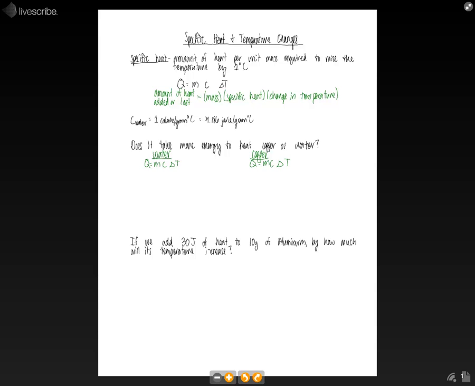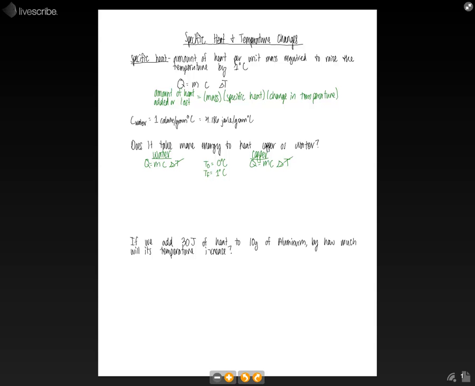And in order to make this problem general so we can get things to cancel a little better, we'll say our initial temperature for both substances will be 0 degrees Celsius, and our final temperature for both substances will be 1 degree Celsius. So delta T for both is just going to be a value of 1.